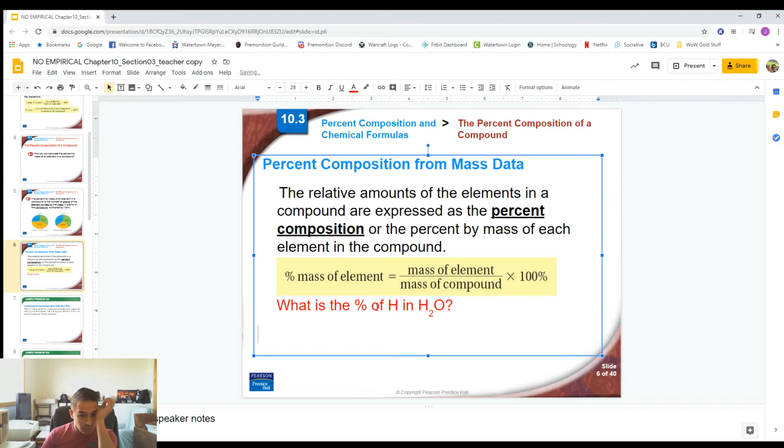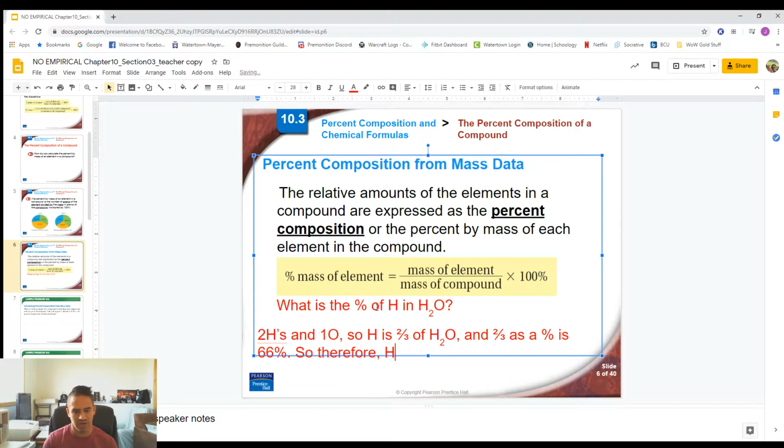If we were doing percent by count, you might go, well, there's 2 H's and 1 O, so H is 2/3 of H2O, and 2/3 as a percentage is 66%.